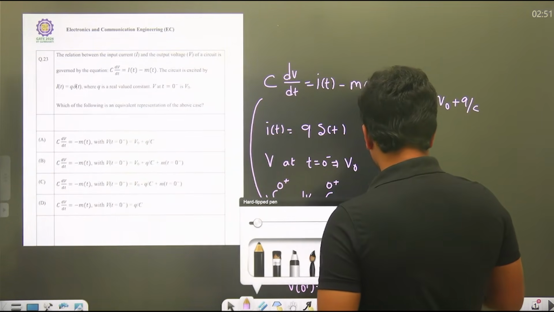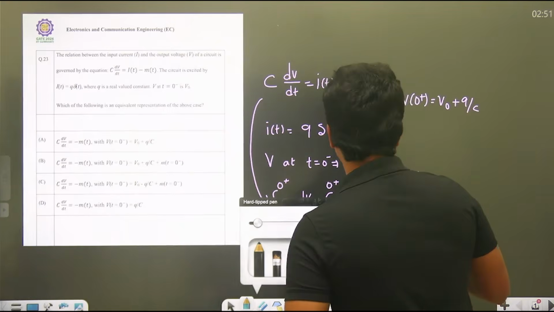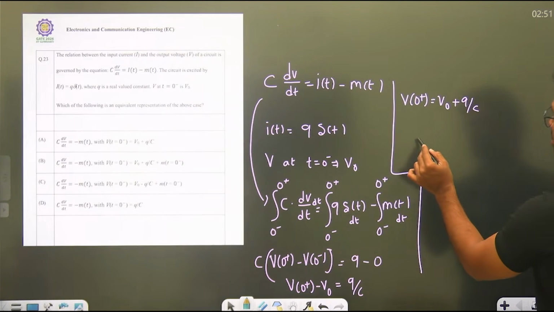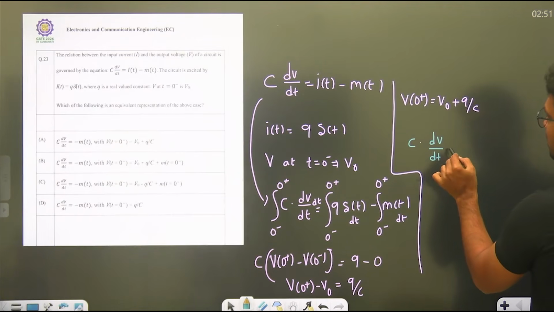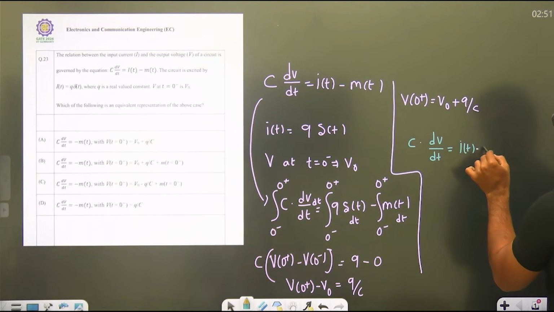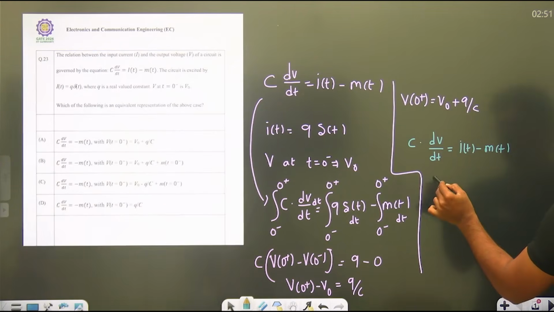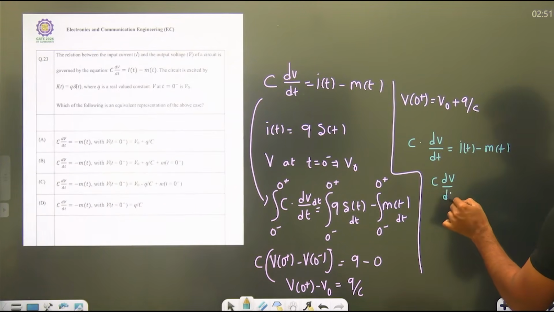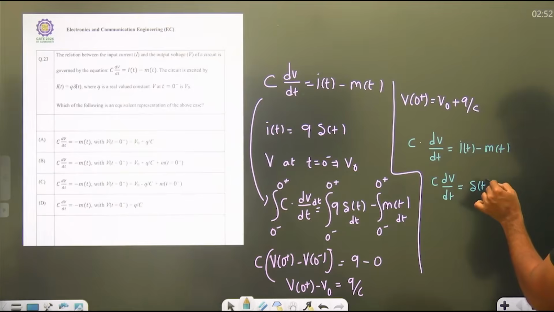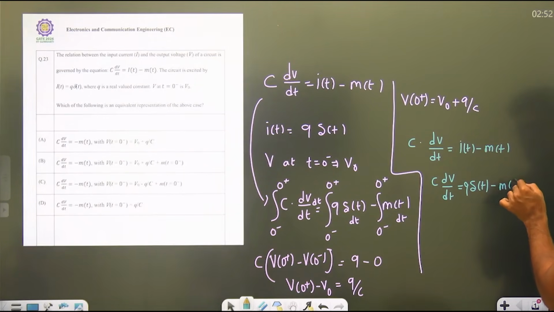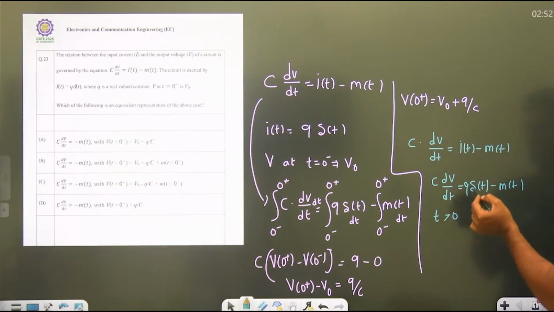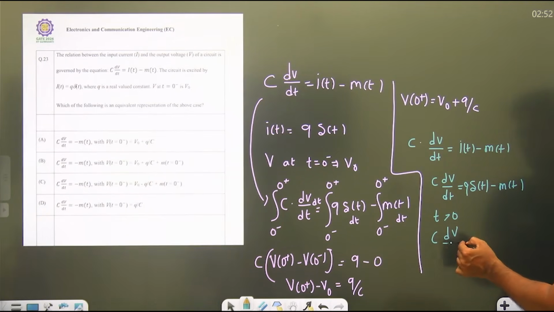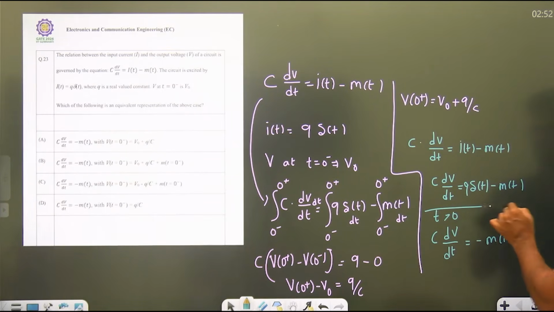The next part is in the equation C dV by dt plus I of t minus M of t. I can also write C dV by dt equals Q into del of t minus M of t. So if you substitute for t greater than 0, the impulse becomes 0. The equation of the system will be in this format: C dV by dt equals minus M of t for t greater than or equal to 0.